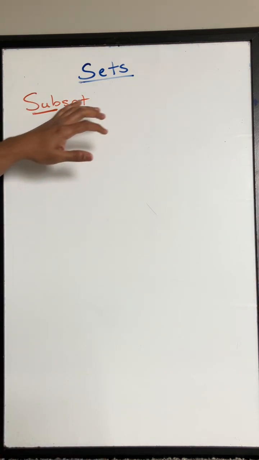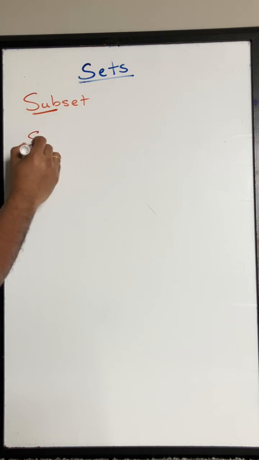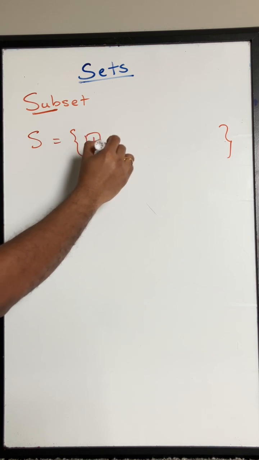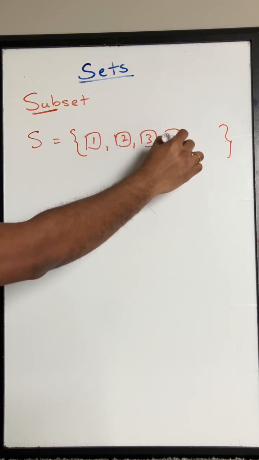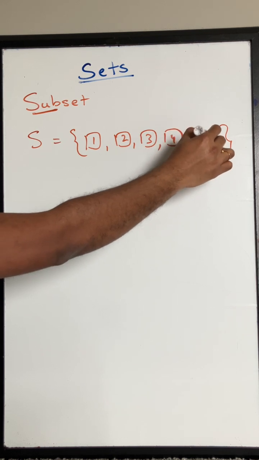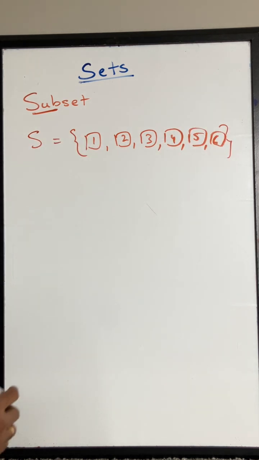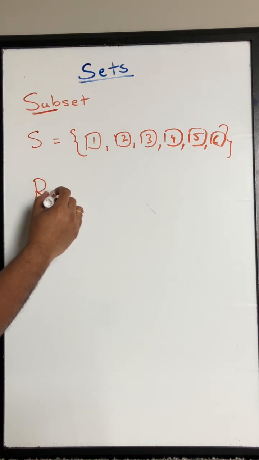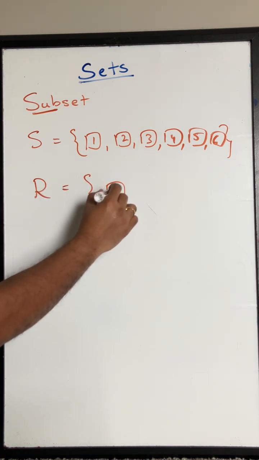So when we say a set is a subset, for example, this is my collection. I have a collection of 6 stamps: 1, 2, 3, 4, 5, 6. And my friend Ranga, whose name also starts with R, has 2 and 3.